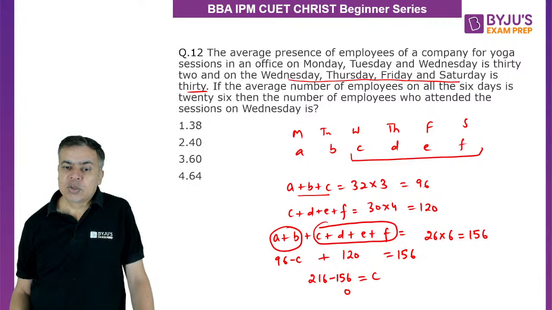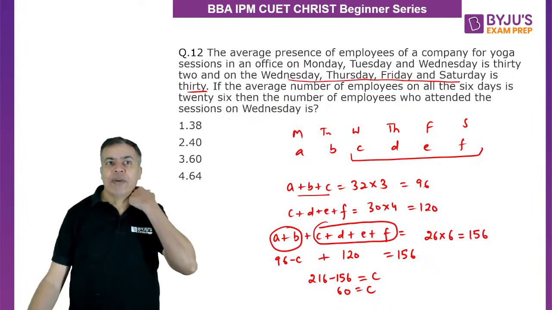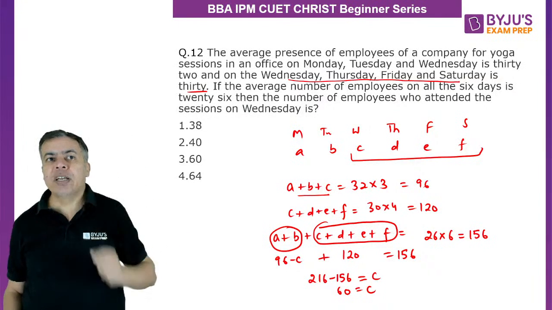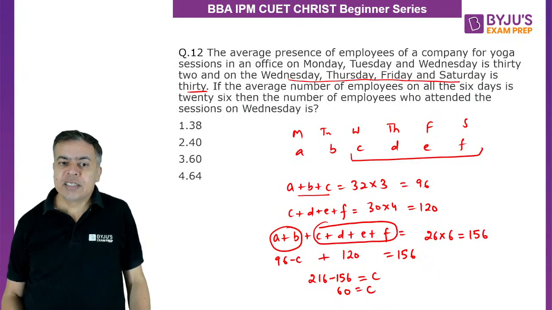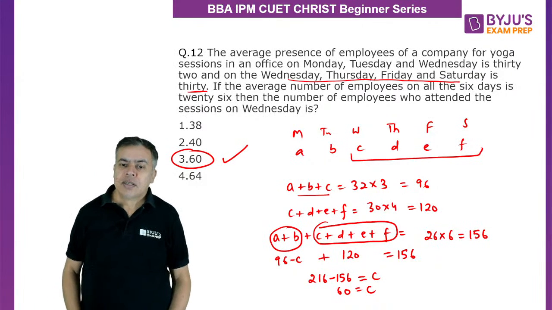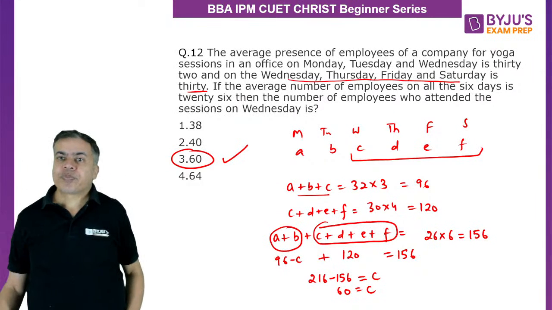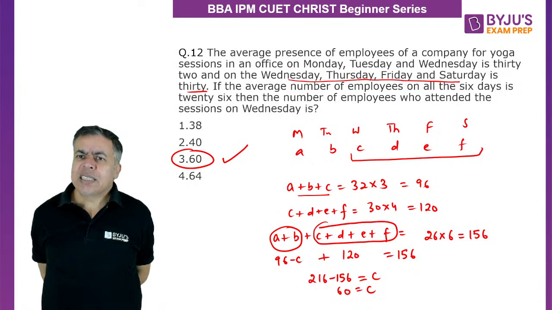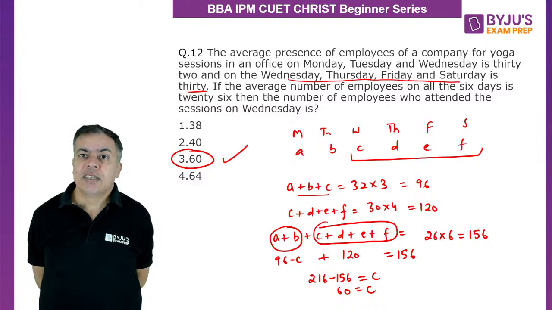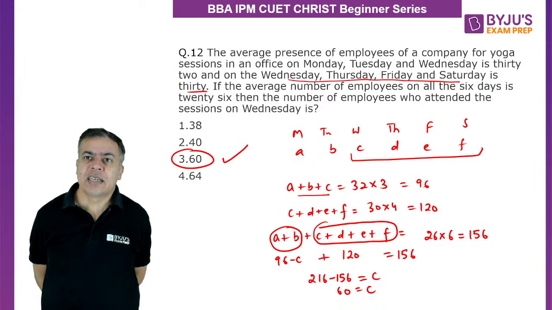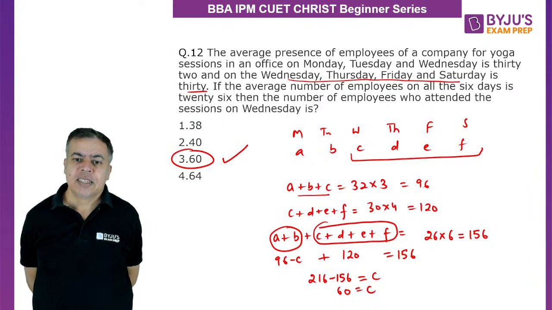So C is 60. What was C? Wednesday, he is asking the number of employees attended the session on Wednesday only. So that should be 60. Right? Just see, this is a very common question, rather basic level question of averages.